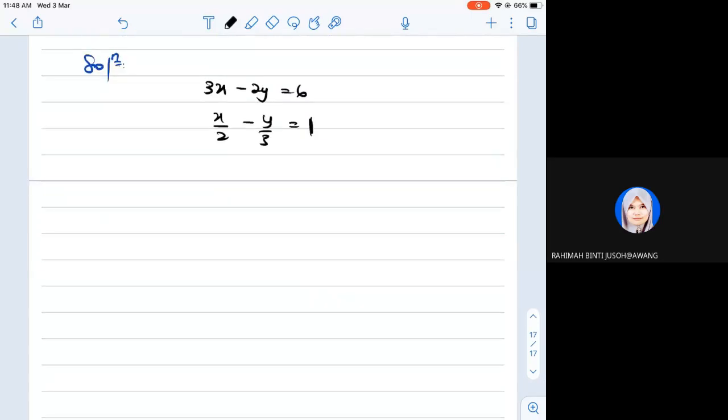Okay, so bila you nak plot 3D tu, X, Y dengan Z. Okay, X equals to 2. Dia positif kan? Positif 2. So X positif 2 dekat sini. Okay.